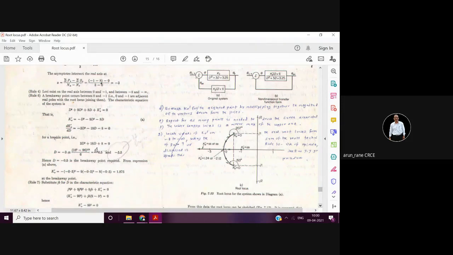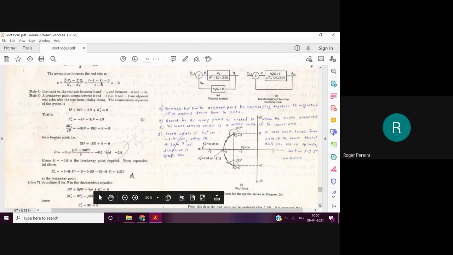So this you understood, no? Breakaway and break in, and at minus 5.5, you will get the value of the gain, but at minus 0.5, not, so this we are ignoring.